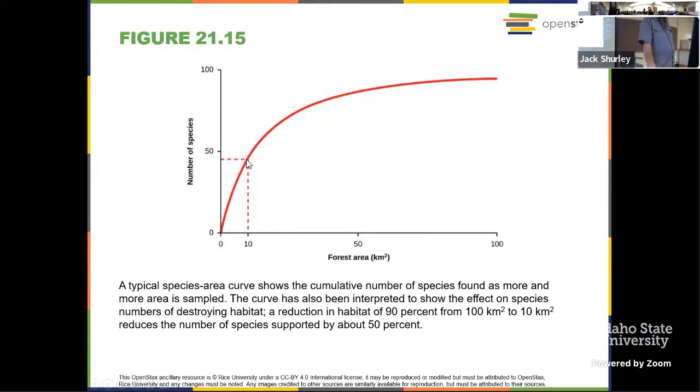And then there are issues with this where we see that and we're like, well, we can reduce this area by 90% and we only lose 50%. Maybe that's okay, right? I think that's maybe not a good idea. What if you're one of those 50%, right? I think that's an issue. How do you pick and choose what gets saved and what is able to be lost? Those are issues for sure.